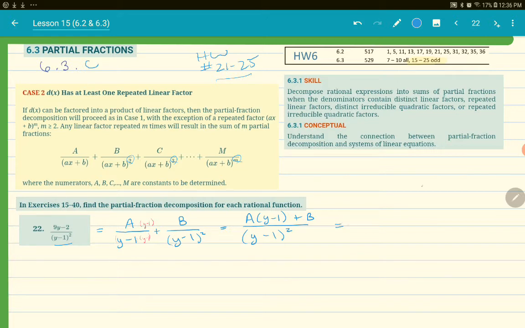And remember, that is equal to our original fraction, which is 9y minus 2 over y minus 1 squared. So that must mean the numerators are equal. That means A times y minus 1 plus B equals 9y minus 2.